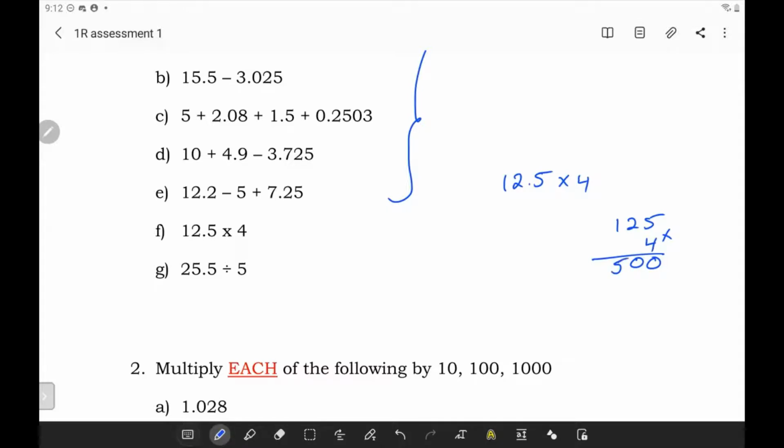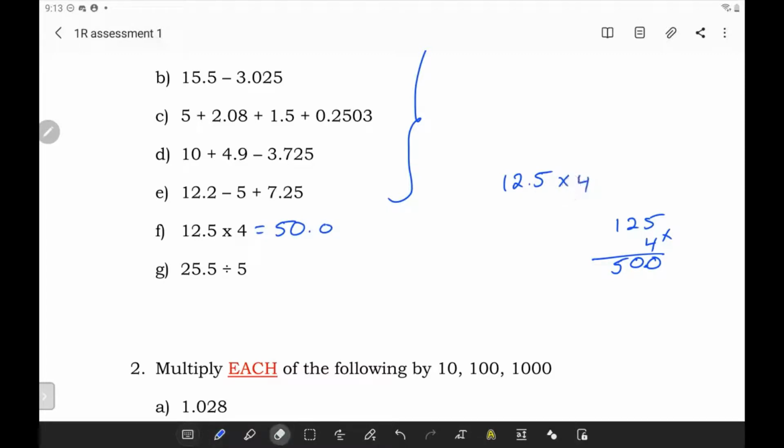Right, so this is 500. Now notice that we had one decimal point, so we need to put back our one decimal point here. So this is exactly equal to 50. Right, we can put 50.0.